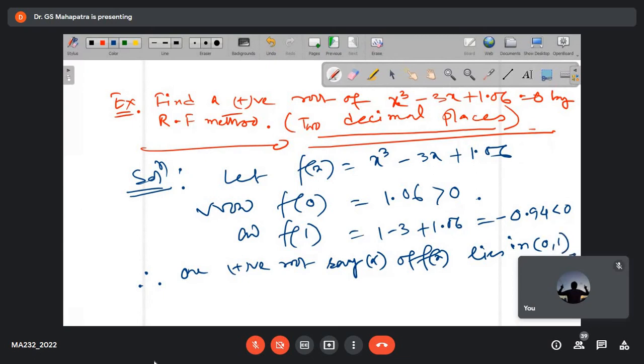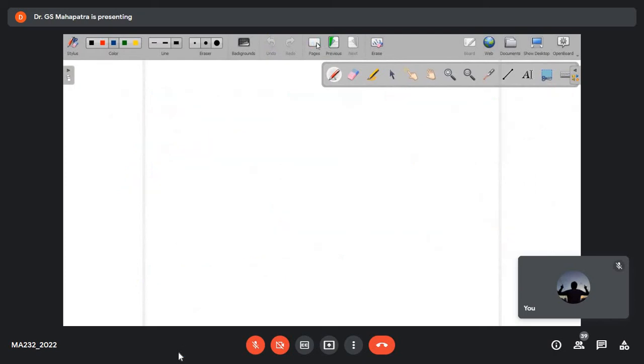Now therefore what is a naught, what is b naught? 0 and 1. So this is f of a naught, this one is f of b naught. I will write that table in the next slide. Now the computational table, write down here.